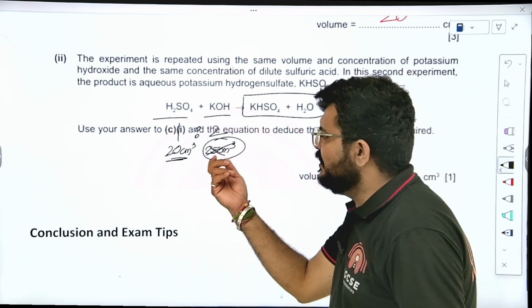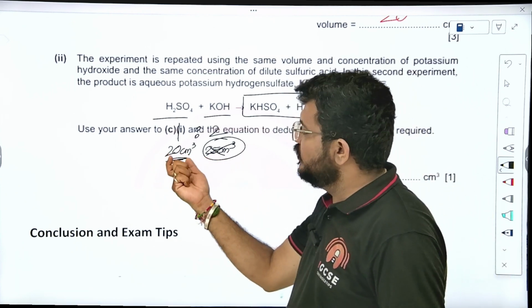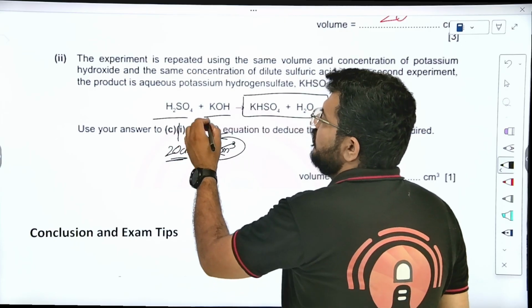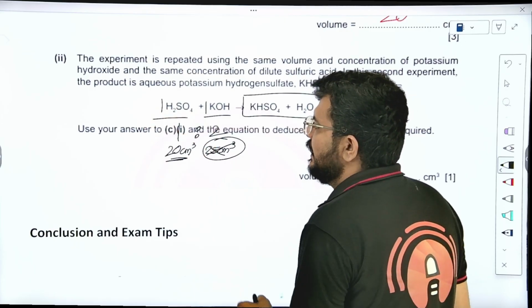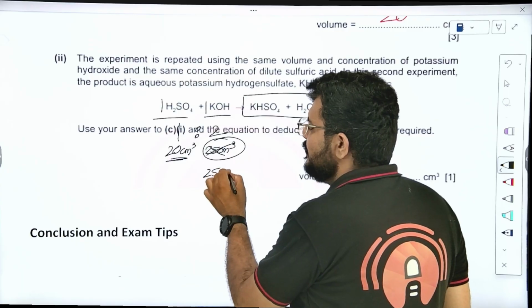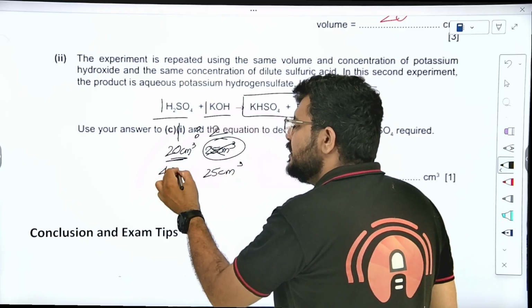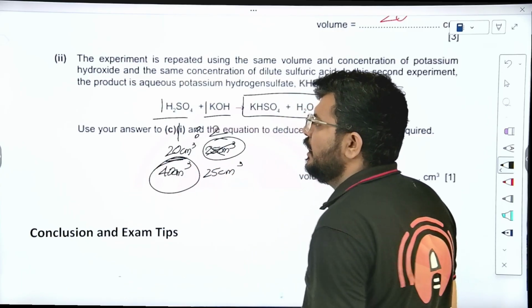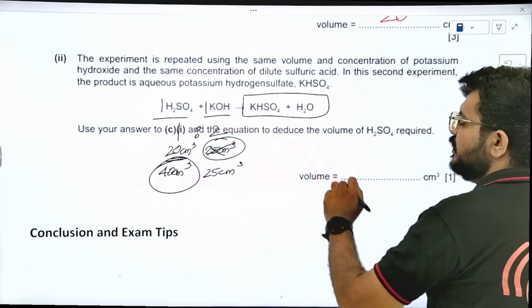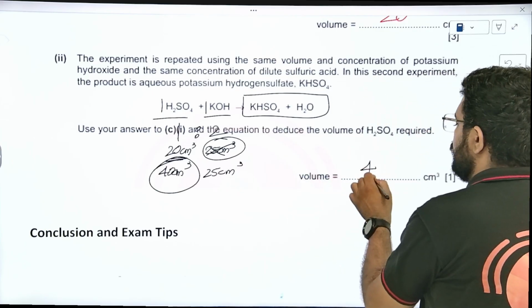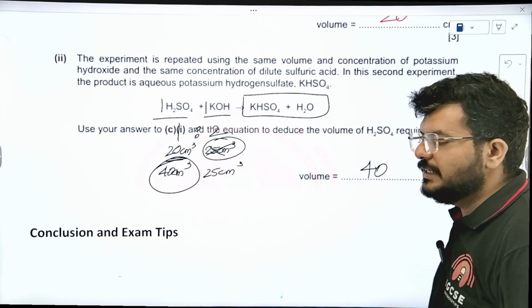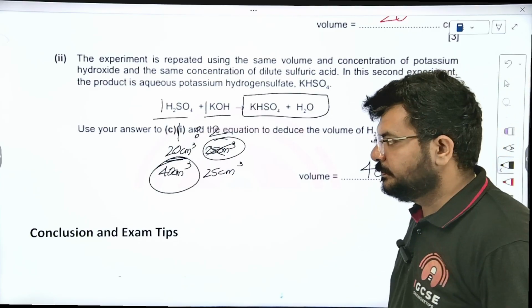For 25 centimeter cube, half of it, 20 was required. But now, if they are reacting in equal ratio, then for 25 centimeter cube, 40 centimeter cube must be there. Only then all of this reaction will take place. So your answer is 40 centimeter cube.